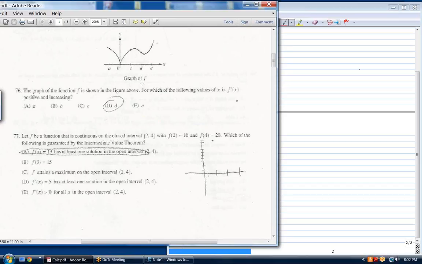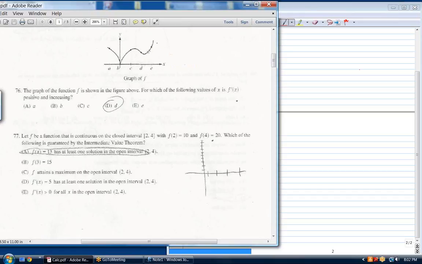In other words, if I were to graph the first derivative of this function, it would be 0 right there. Then, because this function is increasing, the first derivative would be positive.